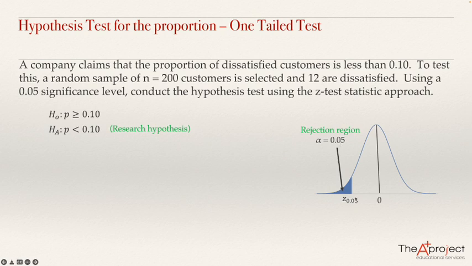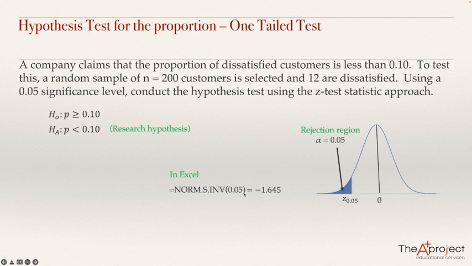To compute this z, I can use a table to find which value of z has a 0.05 area to the left, but I can use Excel also. So I'm going to use Excel. I'm going to type in any cell of Excel equals normal standard inverse of 0.05.